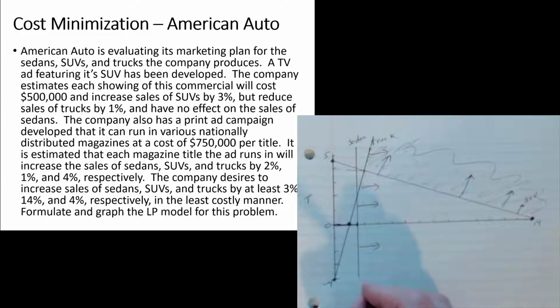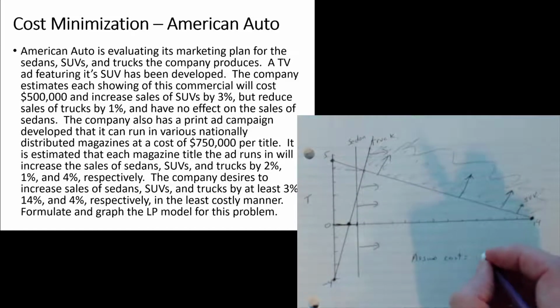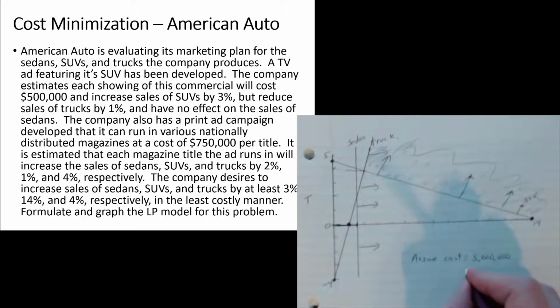But let's assume a cost of, let's say, $5 million. And that function is equal to 500,000 T plus 750,000 P.